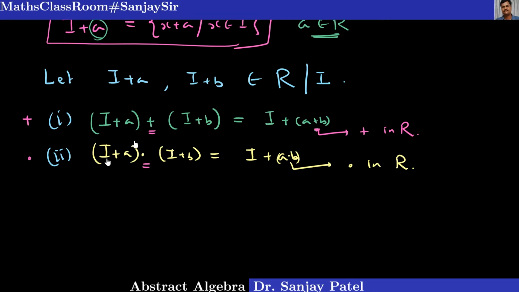Why? Because if you have some element a dash belonging to I plus a, then I know that the coset I plus a is the same as I plus a dash.